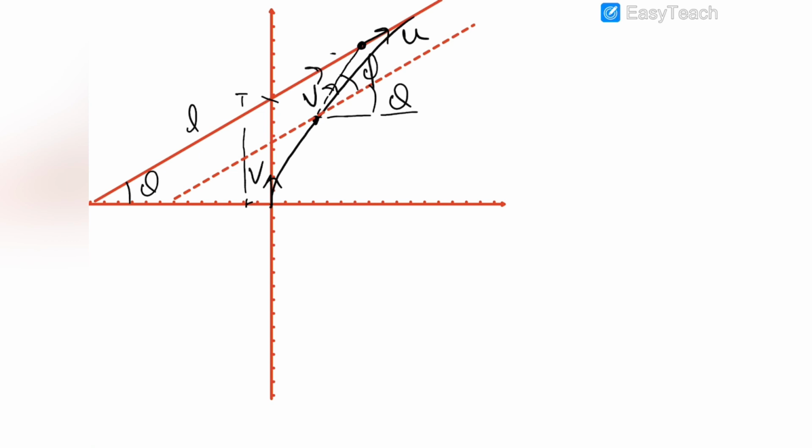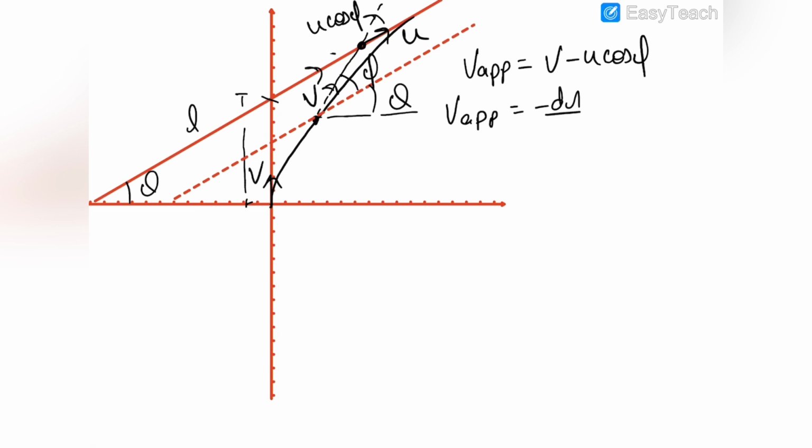So we can see that the approach velocity, v approach, is equal to v minus u cos phi. And approach velocity will be equal to minus dr by dt, where r is the relative distance between them, because r is decreasing. So minus dr by dt is equal to v minus u cos phi.